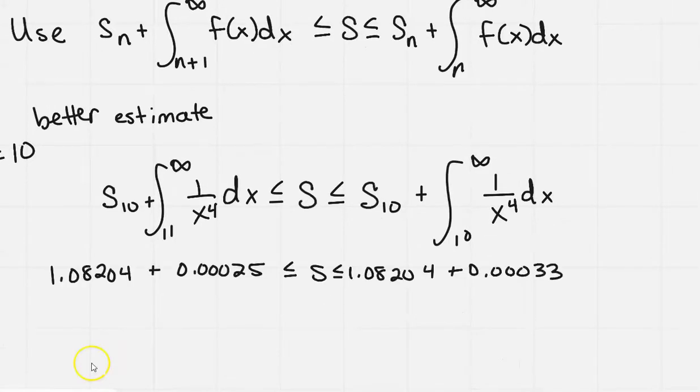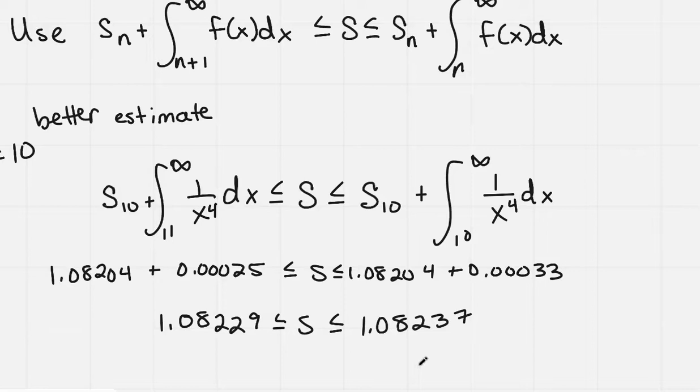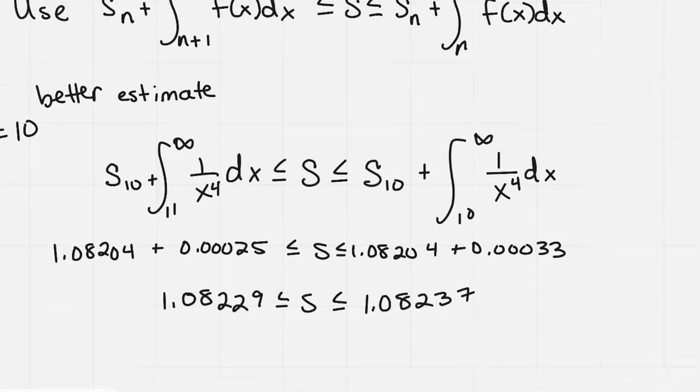Now I have 1.08204 plus 0.00025 is less than or equal to s, is less than or equal to 1.08204 plus 0.00033. And that gives me 1.08229 is less than or equal to s, and that's less than or equal to 1.08237. So my s is between there.